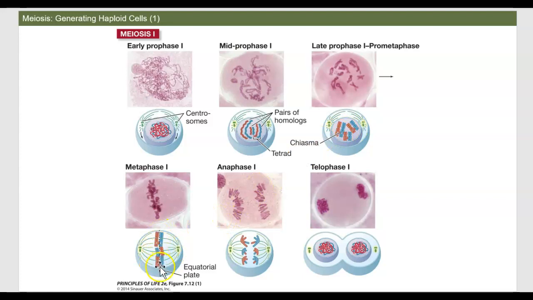Metaphase 1 is going to look much like mitosis. They're all lined up in the middle. But notice here in anaphase, when the chromosomes are pulled to opposite poles, the sisters are staying together. So the sisters, with a little bit of change in them, a little variation, because they did this crossover.